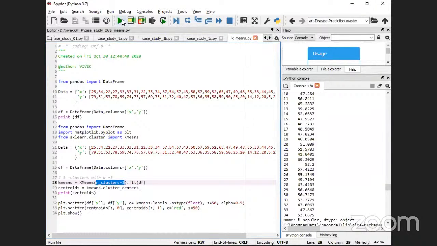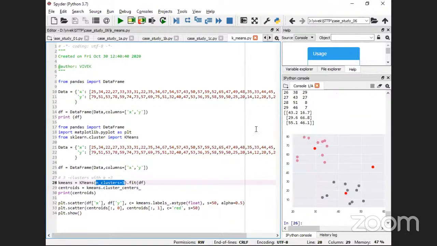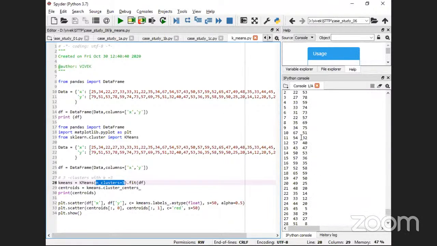Now, for example, if I run this code, you can see that what I did initially is simply display the data set. And here you can see there is no target class to train your model, so the algorithm that is adopted should itself try to find the patterns existing in it.